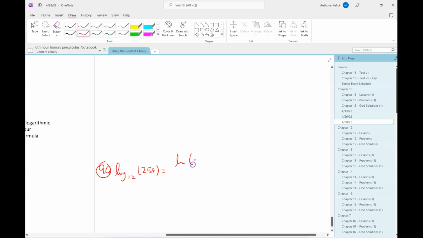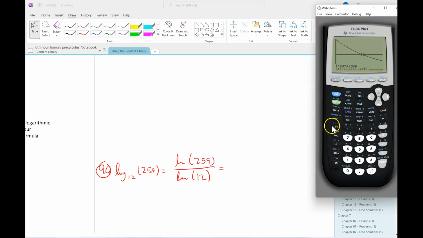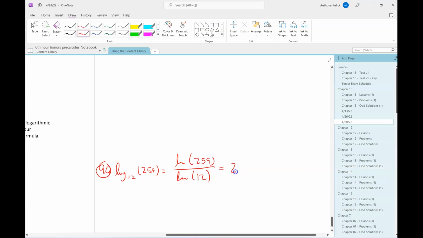I am partial to the natural log because it's one less letter to write. So I can say that, and then it's calculator time. So we have natural log 259 divided by natural log 12. That's 2.24 when I round to the hundredth. And done. Okay, thank you.